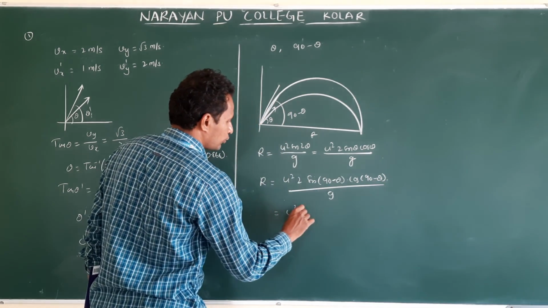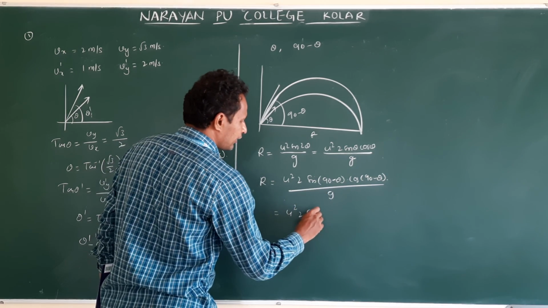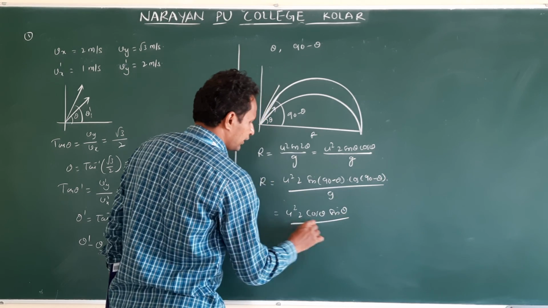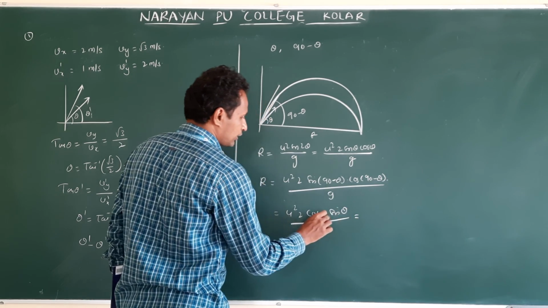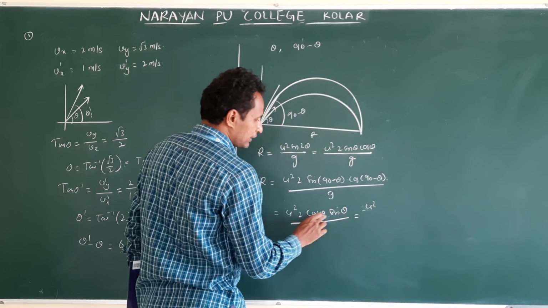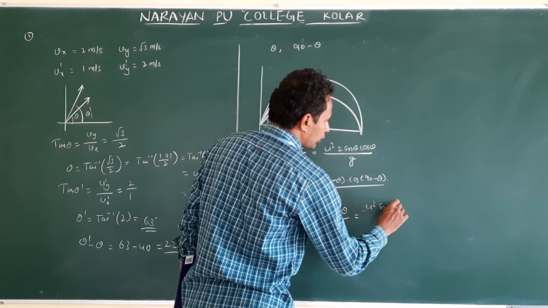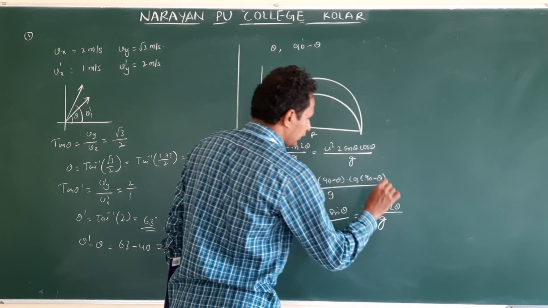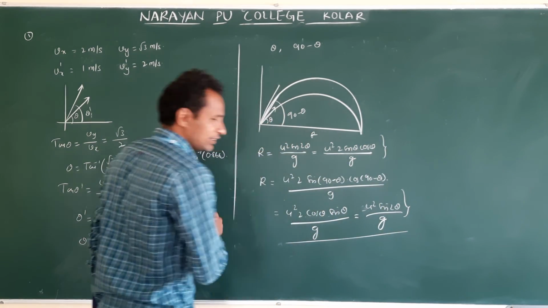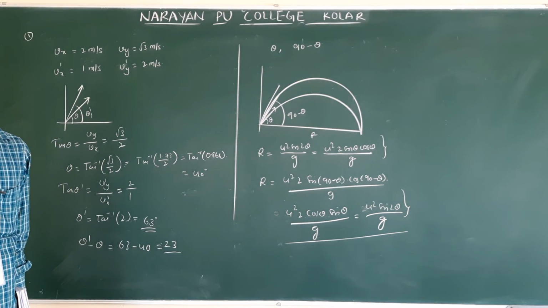Then u square 2 cos theta sin theta by g. Again, 2 sin theta cos theta is sin 2 theta, so u square sin 2 theta by g. For theta the range is the same, for 90 minus theta the range is the same, mathematically proved.